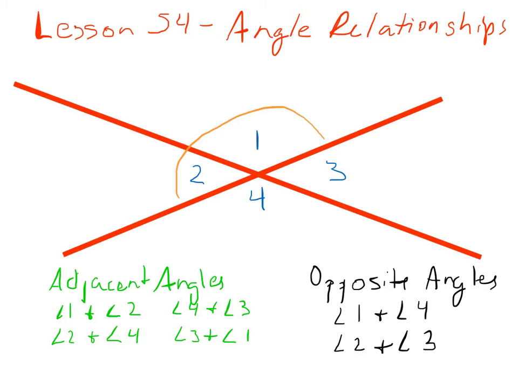So if we go ahead and put that in there, we say this is 60 degrees over here. This will have to be 120 over here to equal 180. Because 1 is opposite of 4, this will also be 120, and you can look at it two ways now.